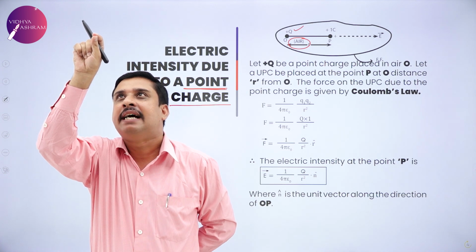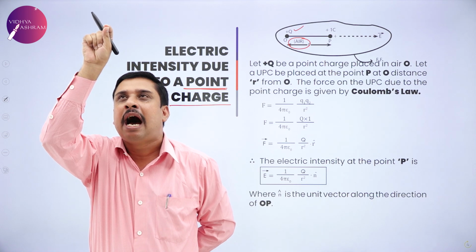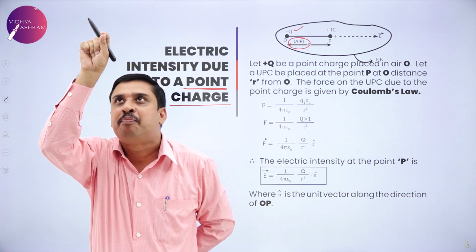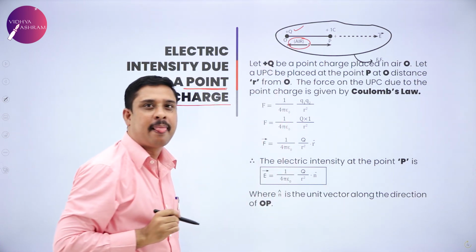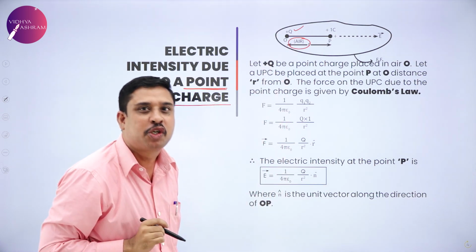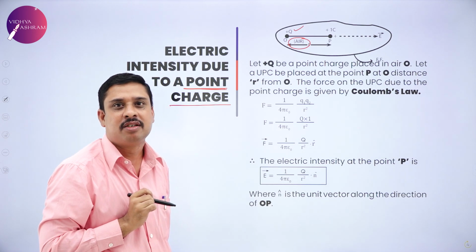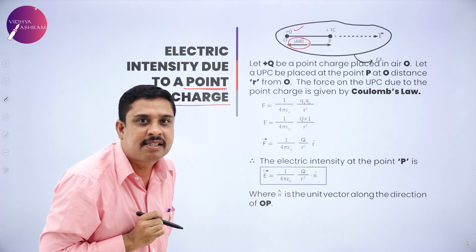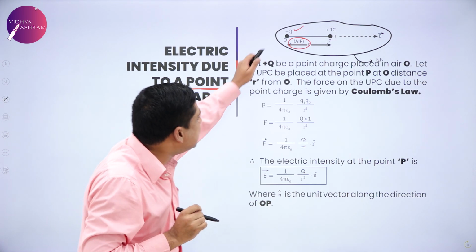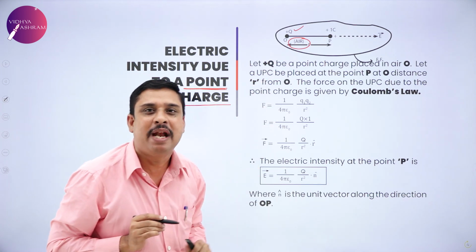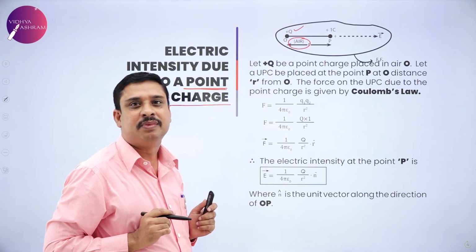Here I consider a point O, and above this point I am placing my charge plus Q. Plus Q is the point charge placed at the point O, in free space, air medium.